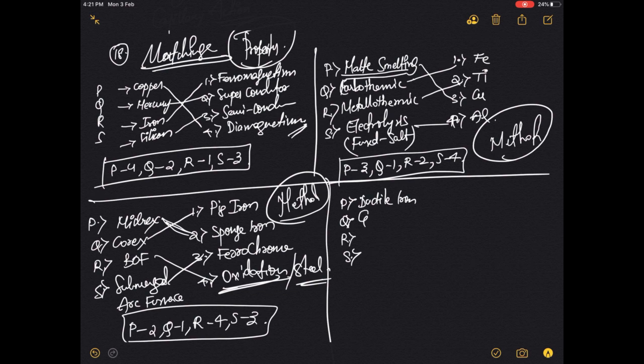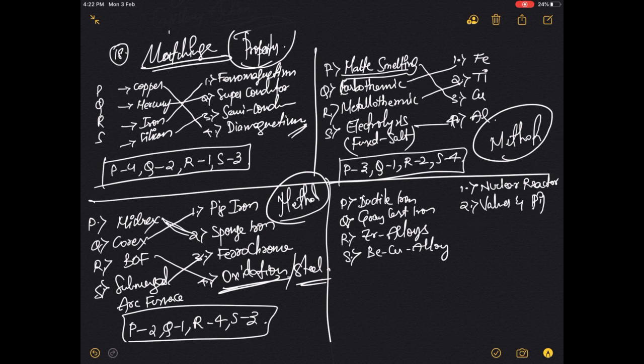Ductile iron, grey cast iron, zirconium alloys, and one more they gave is beryllium copper alloys. And the options here are nuclear reactor, valves and pipes.